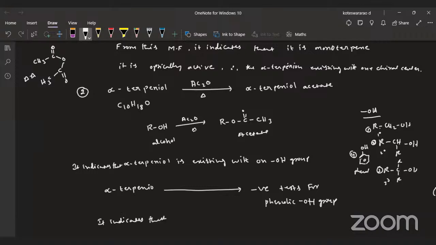Therefore, it indicates that the OH group is attached with an aliphatic carbon, but not with an aromatic ring, the aromatic phenolic ring or phenyl ring.